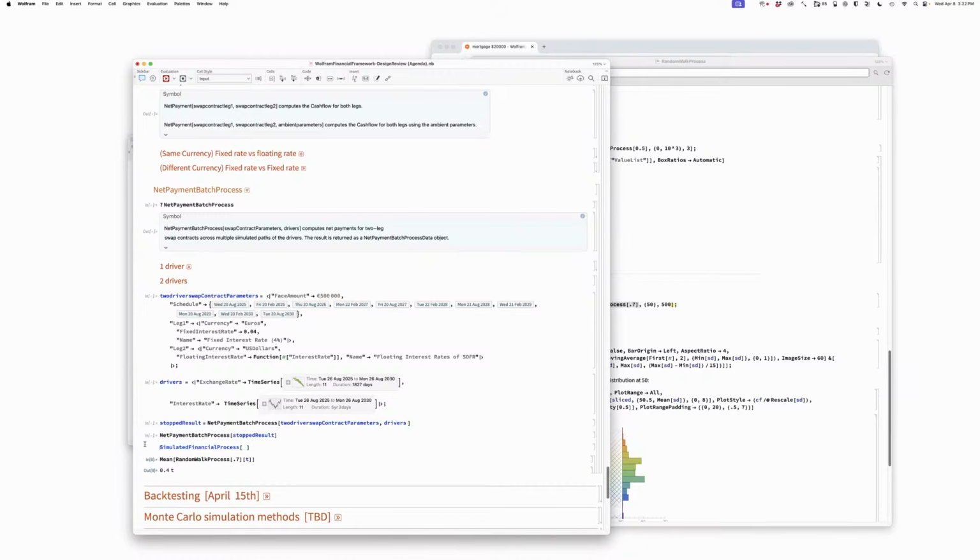I mean, mean of simulated financial process at August 14th, whatever it is. Mean alone won't tell you something, but if you add the appropriate property, then yes. Yeah. Okay. Fine. Something like that, and then I'm not quite understanding.